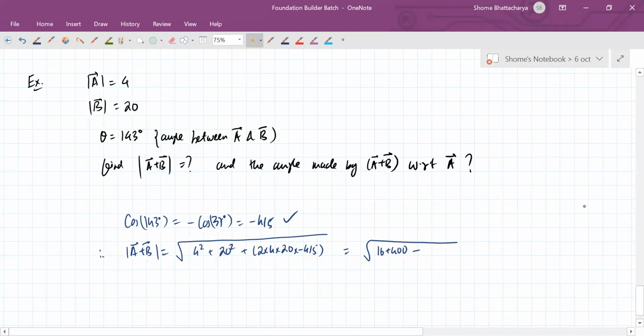So this will become how much? 8 into 4 into 4. 128.